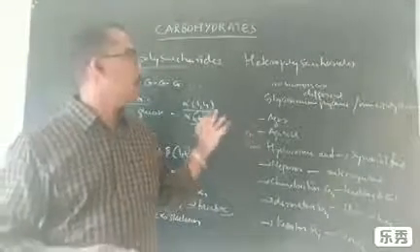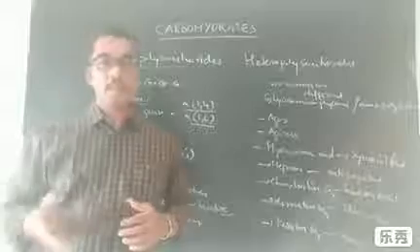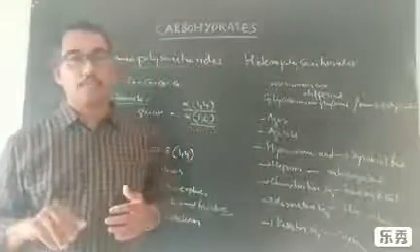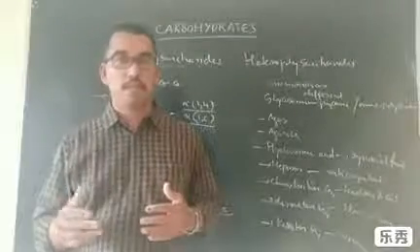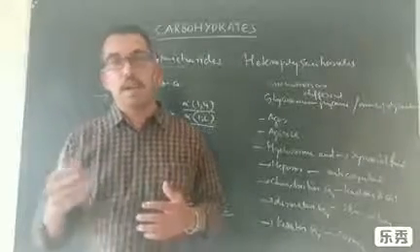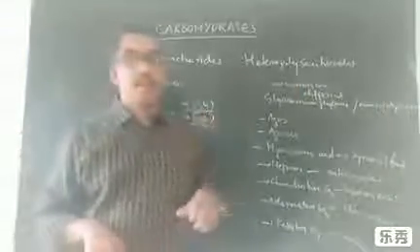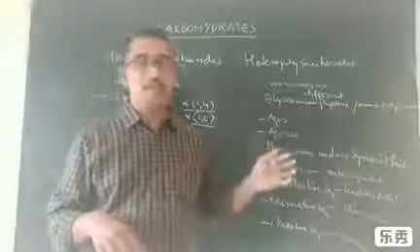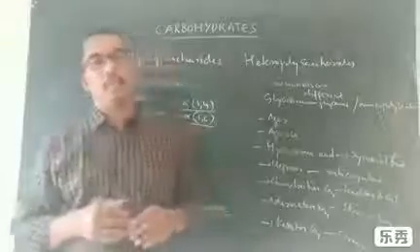Polysaccharide means it contains more than 10 monomeric units. Monosaccharides are further classified into triose, tetrose, pentose, hexose and heptose according to the number of carbon atoms, and according to the functional group present, into aldoses and ketoses. Then disaccharides are further classified into reducing and non-reducing, and polysaccharides into homopolysaccharides and heteropolysaccharides.